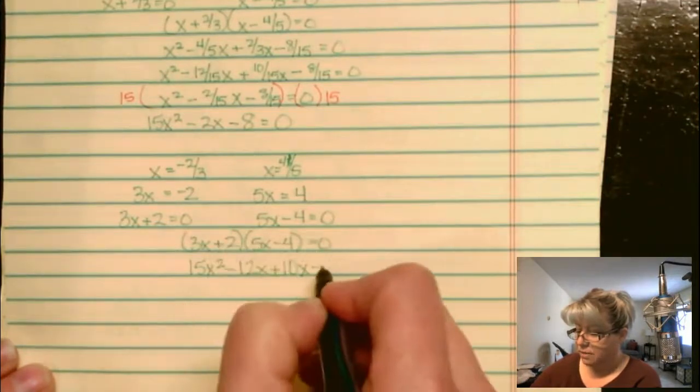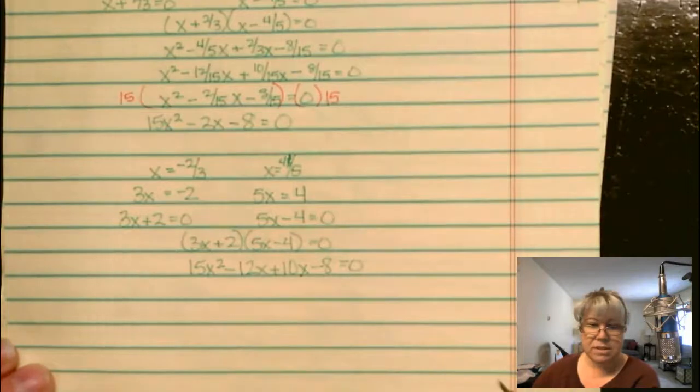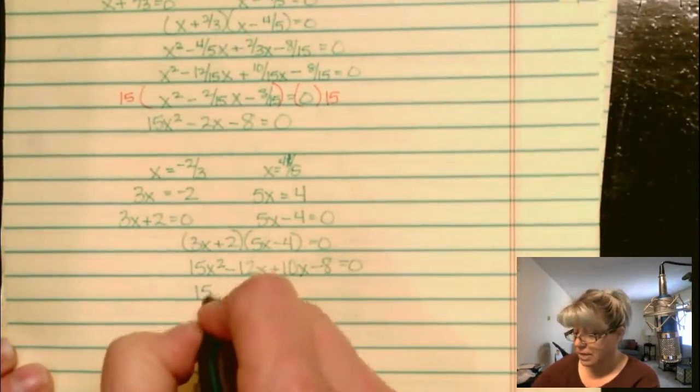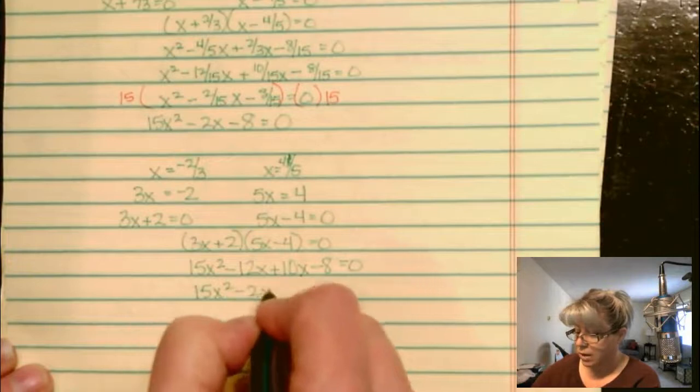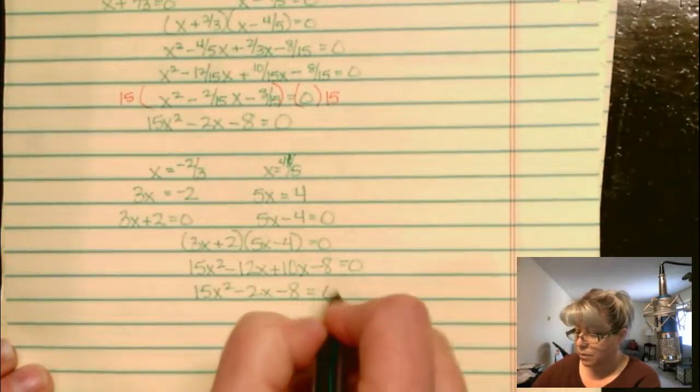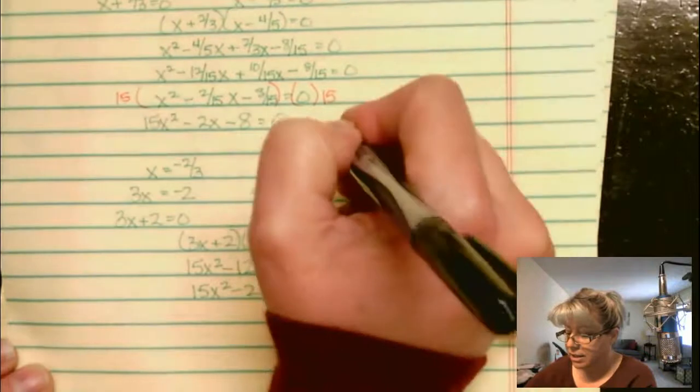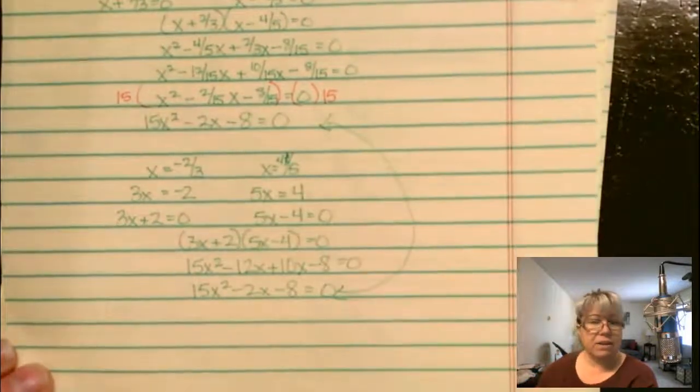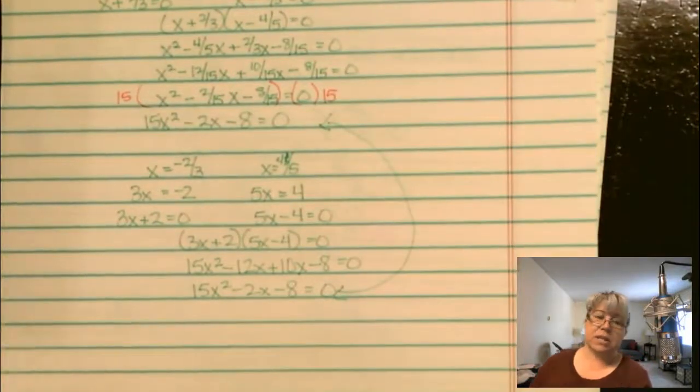And 2 times negative 4 is negative 8 equals 0. Combine like terms. 15x squared minus 2x minus 8 equals 0. We actually found the same equation, but using a different method.